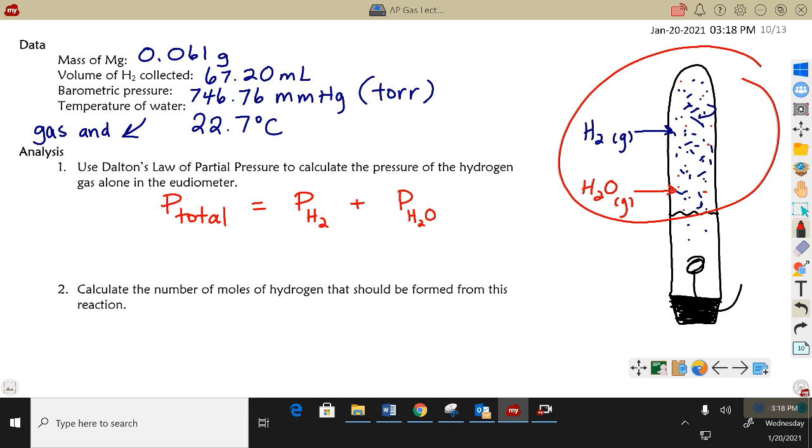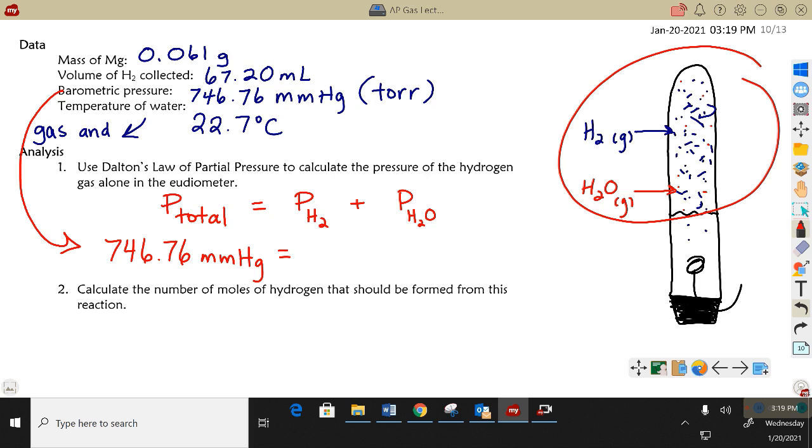Okay, so first, what's the total pressure? It's the barometric pressure. The total pressure is the total pressure in the room, or the atmospheric pressure that's being applied to this system. It's 746.76 millimeters of mercury. Now, if this were a free response question, that would be given to you. That's not something that you would calculate.